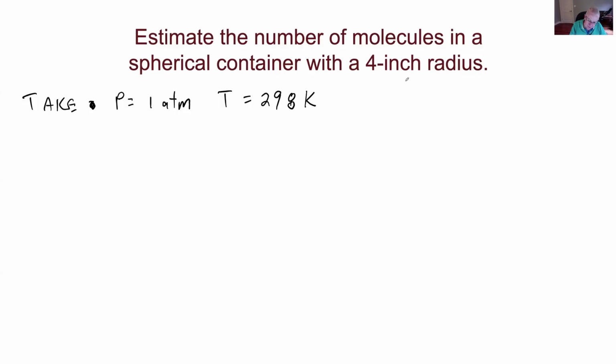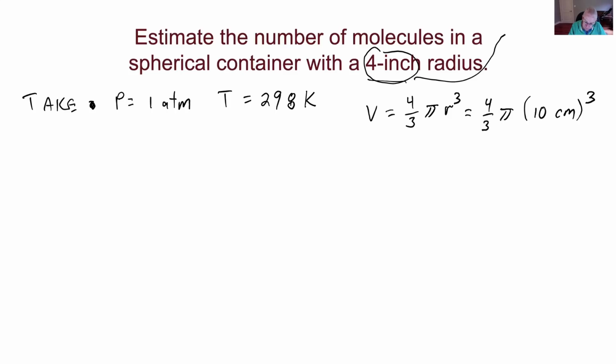Okay, and I'm going to get V from this radius, okay? V, volume of a sphere, is equal to 4/3 pi r cubed. In this case, that's going to be 4/3 pi times 10 centimeters cubed, because 4 inches is 10 centimeters, right? 4 inches here, if you just multiply that by 2.54, I'm going to call that 10 centimeters.